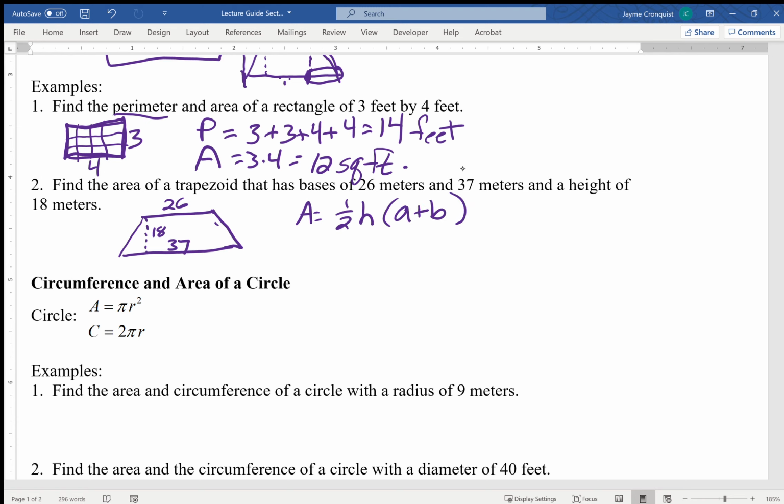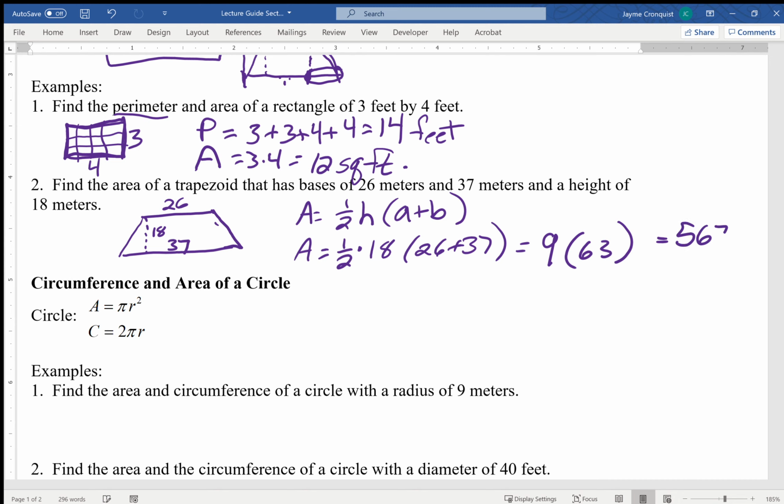So I have an area of 1/2, my height is 18, and then 26 plus 37. Okay, so 1/2 of 18 is 9. 26 and 37 is 63. So we're just going to multiply those two numbers. 9 times 63 is 567. Square meters.